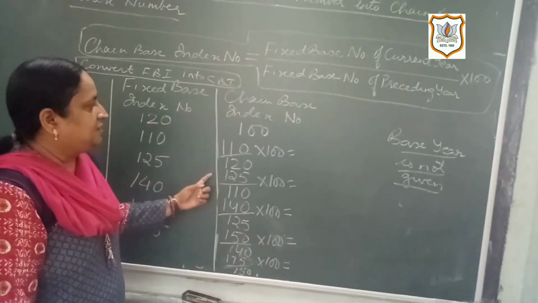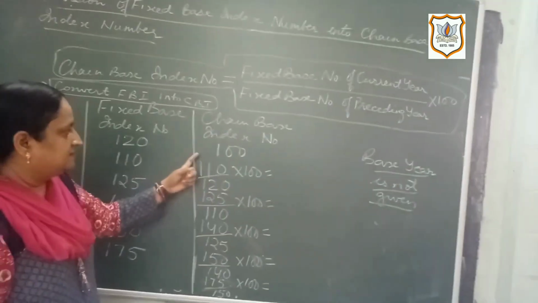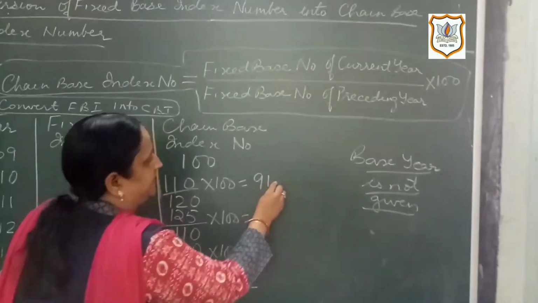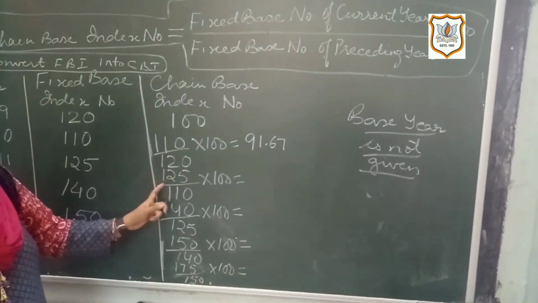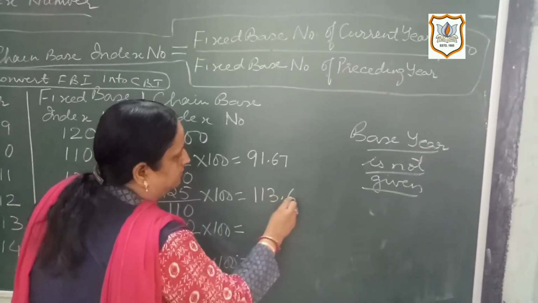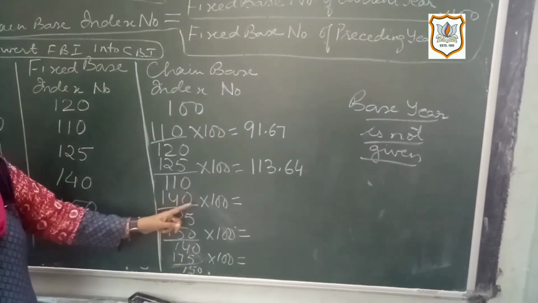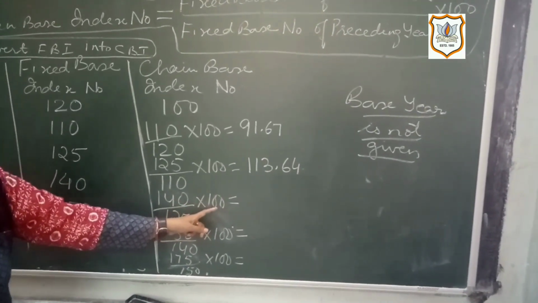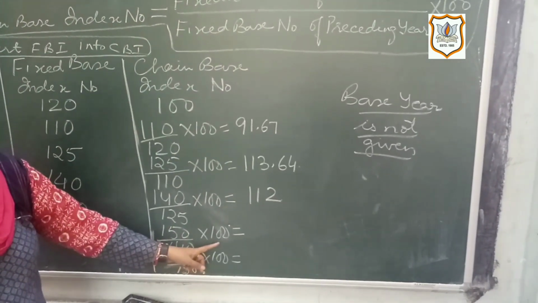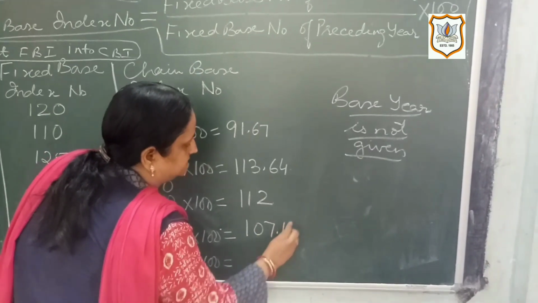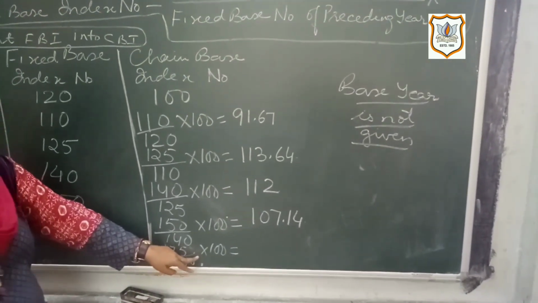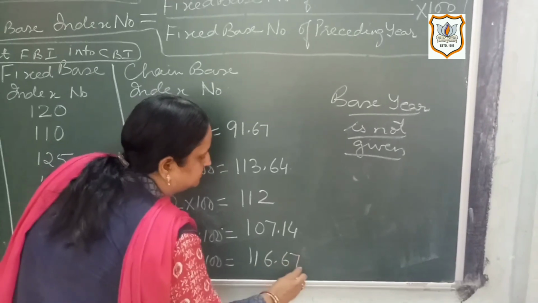Now when you calculate these values, for the first one it was 100, second one 110 upon 120 into 100, when you do, you will get it as 91.67. 125 upon 110 into 100, when you are going to do, you will get it as 113.64. 140 upon 125 into 100, you will get it as 112. 150 upon 140 into 100, you will get it as 107.14. 175 upon 150 into 100, you will get it as 116.67.